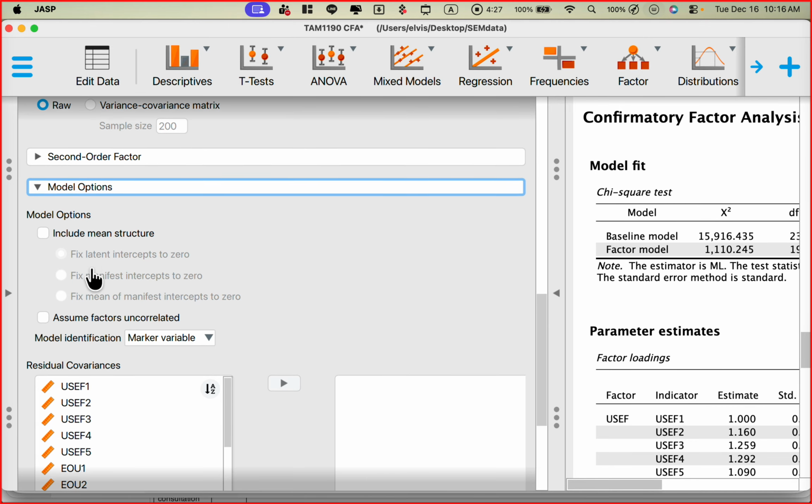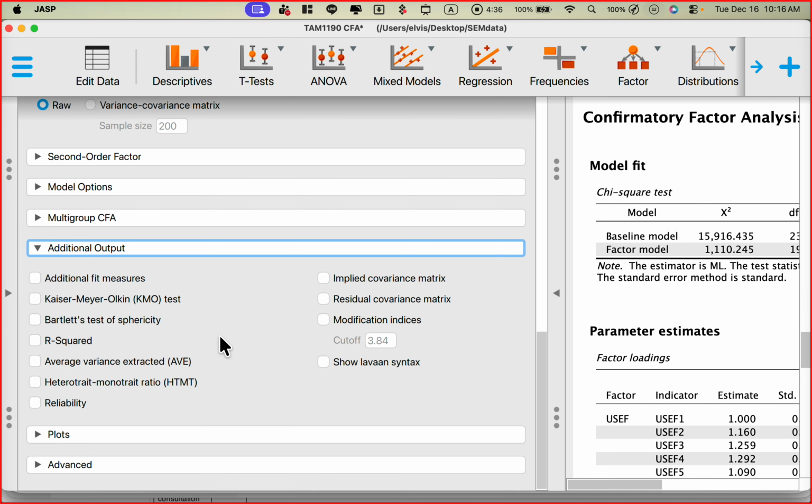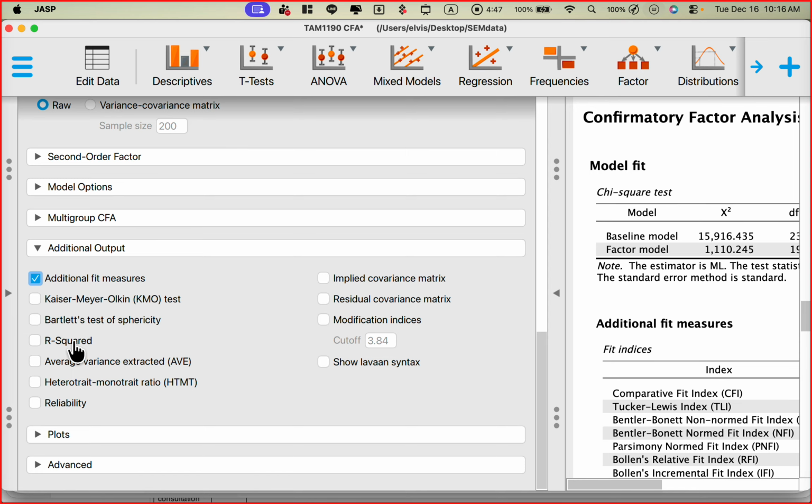Model option, we don't need to change anything. Okay, about the additional output, yes, we need additional fit measures. So check additional fit measures and R square and AVE and HTMT and reliability.